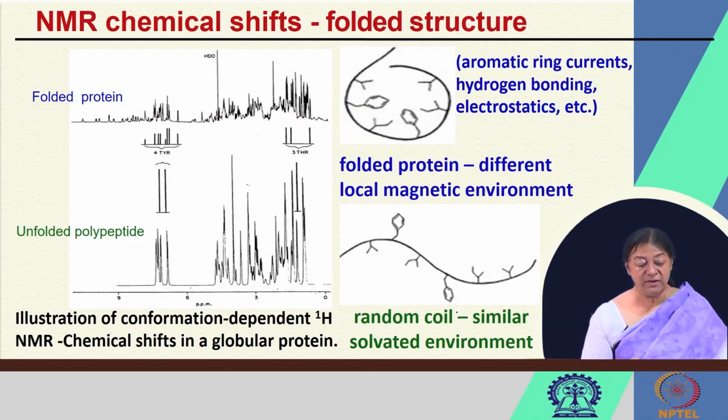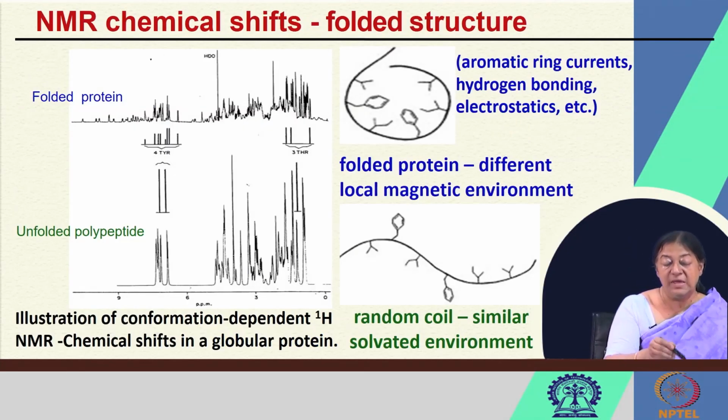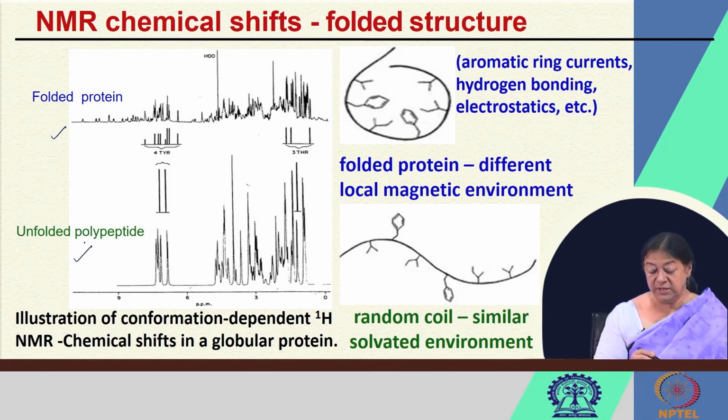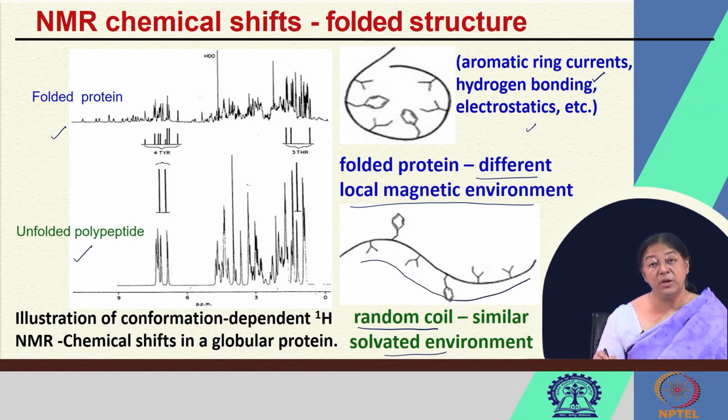So when we are looking at a folded protein, NMR looks at chemical shifts. When we look at a folded protein as opposed to an unfolded protein, they are in a different environment. So in the folded protein, we have a different local magnetic environment that arises from the aromatic ring currents, the hydrogen bonding, the electrostatics. But when we open this up and have the random coil, we have a similar solvated environment for the polypeptide chain.